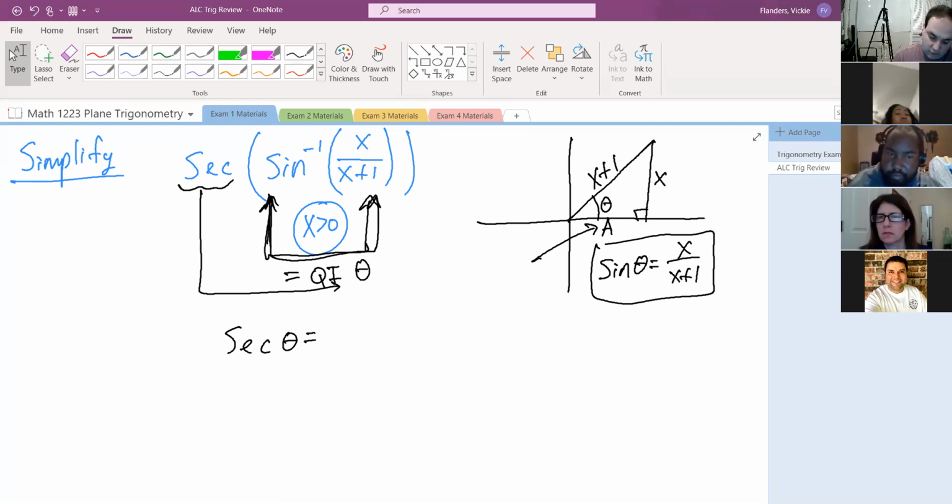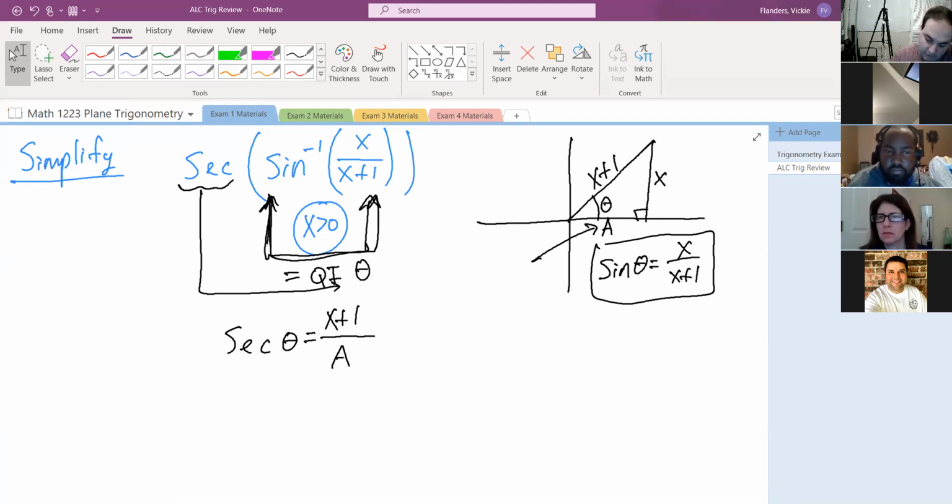So my secant is going to be whatever capital A is over x plus 1. Oh, I'm sorry, I did it backwards. I did cosine. It would be x plus 1 over whatever A is. So now I just need to figure out what A is in terms of x.